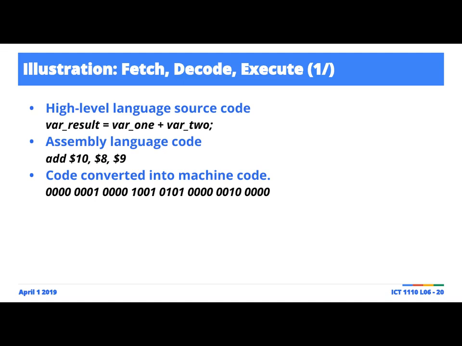You are translating individual instructions associated with this high-level programming language into machine code, right? Or it could be an intermediate output if you're dealing with a language like Java, right? So you have bytecode, which is further translated into machine code, right?